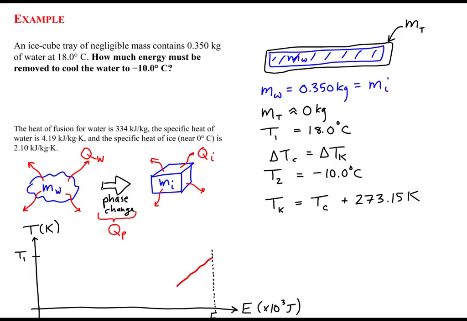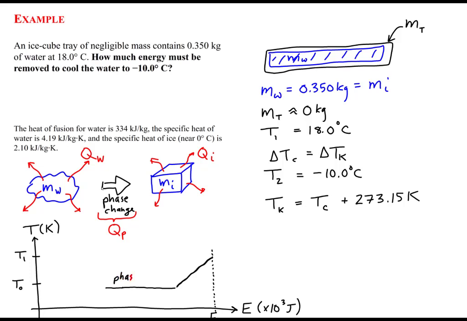So what's going to happen is our water is going to cool until it gets to 0 degrees Celsius, which also happens to be 273.15 Kelvin. I'm going to signify that with just a T0 to remind myself that's the freezing point of water. So again, the temperature will decrease as we lose energy until we get to the freezing point, at which time a phase change is going to occur. And actually let's go ahead and label that.